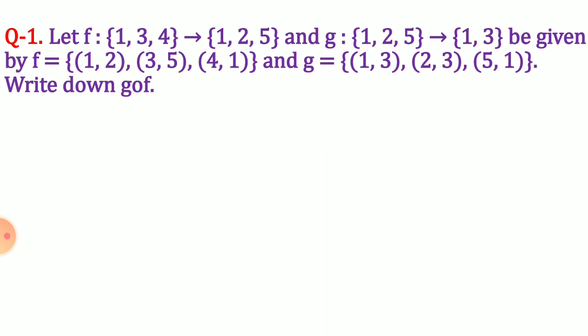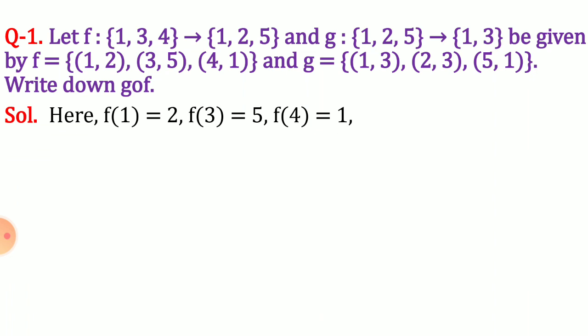So f(1) = 2, f(3) = 5 and f(4) = 1. Similarly, g from set {1, 2, 5} to set {1, 3}, g = {(1, 3), (2, 3), (5, 1)}. So g(1) = 3, g(2) = 3 and g(5) = 1.